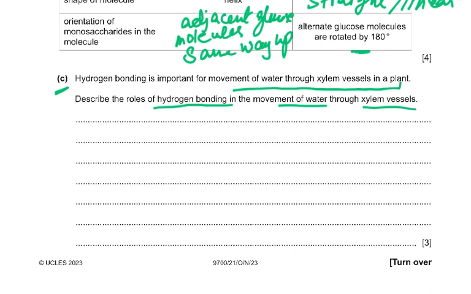Cohesion between water molecules. So they are hydrogen bonds. But what do the hydrogen bonds do? When they are between water molecules, it's called cohesive forces or cohesion. When the water molecule binds or attaches to the cellulose cell wall in the xylem vessel wall, that is called adhesion.